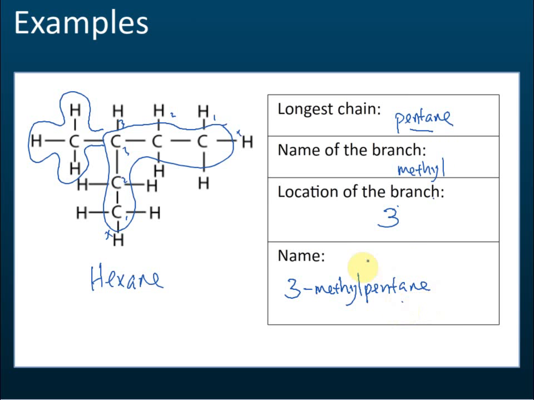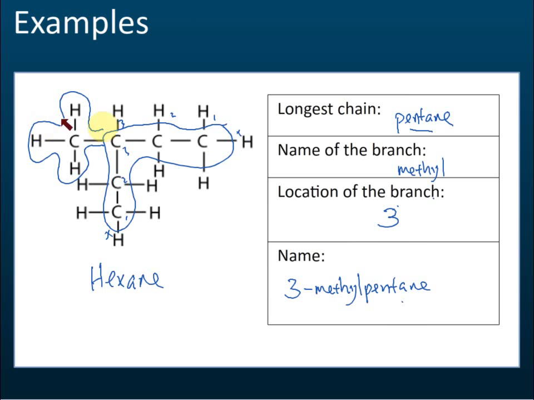So the IUPAC name of this alkane is 3-methyl pentane. Is it joined together? Yes, it's supposed to be joined together, but if you separate it, it's also acceptable.